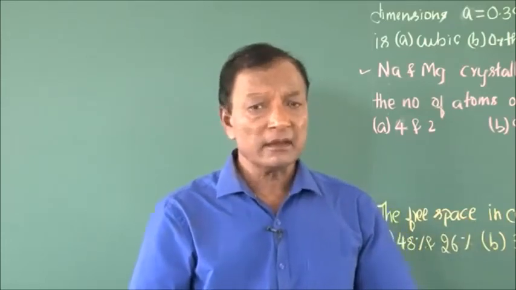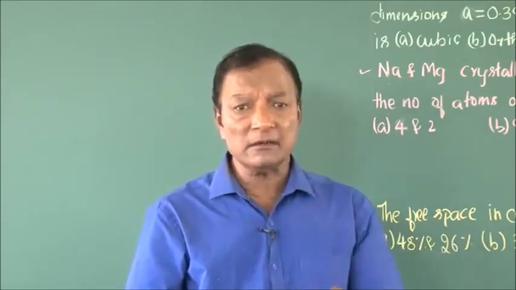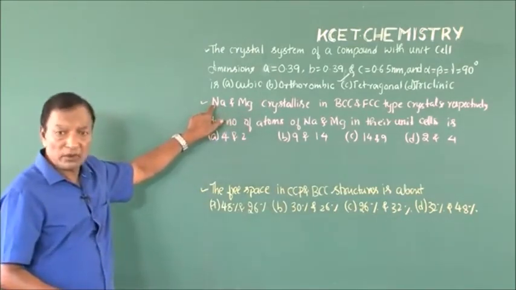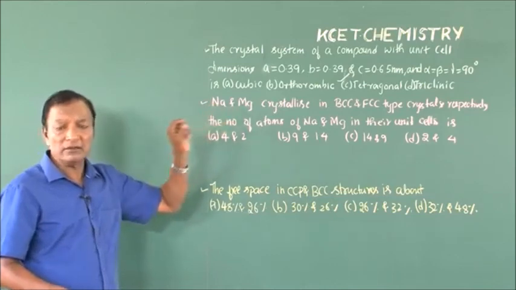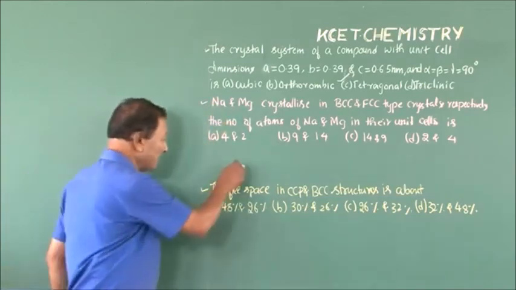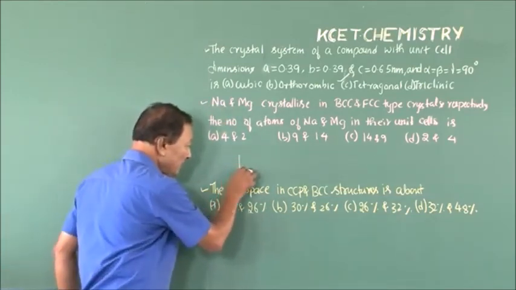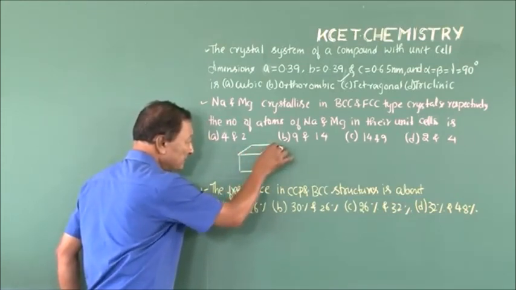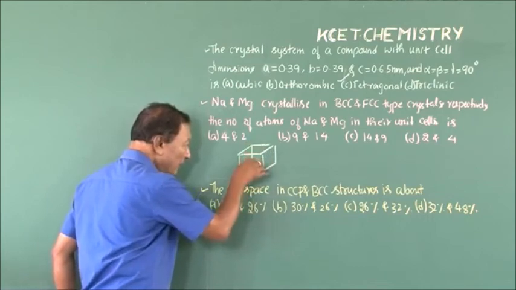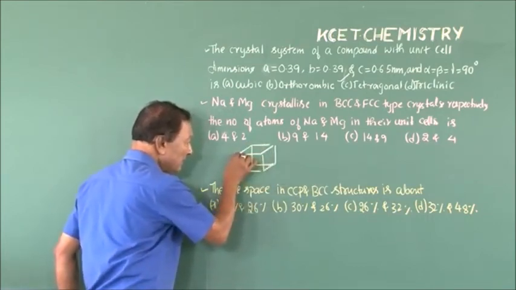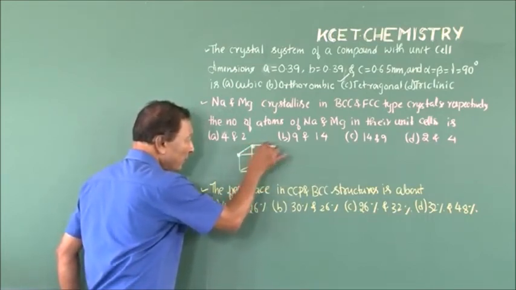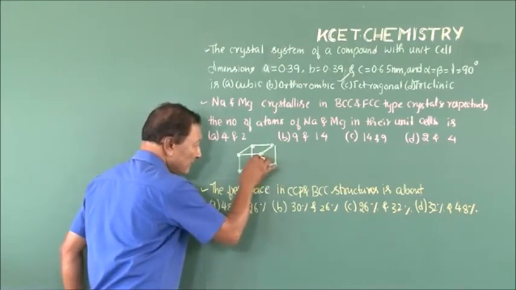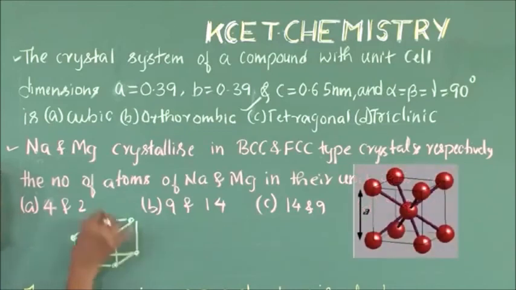This way, the BCC unit cell is observed in the sodium crystal, and what that BCC unit cell is, see here. This is the BCC unit cell having the corner particles as well as the body-centered particle. This is the body-centered particle.